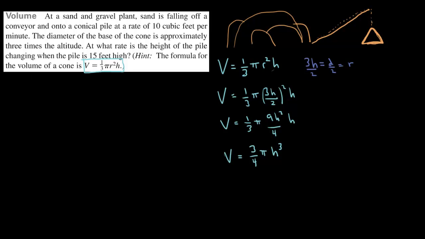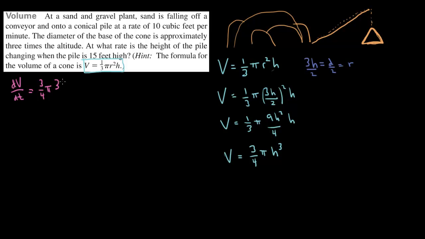So now I can say I'm working with the equation dV, so the derivative of the left-hand side and the derivative of the right-hand side with respect to t. I have dV dt equals, okay, I'm going to factor out 3/4 pi. And what's the derivative of h cubed with respect to t?